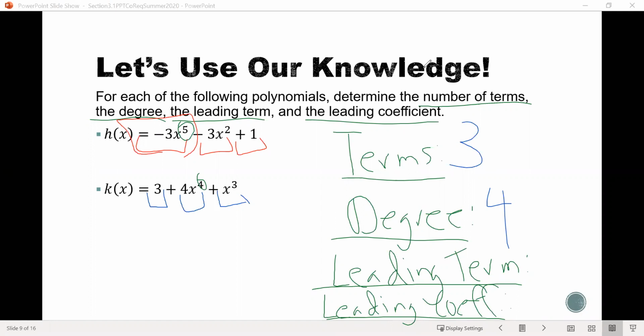I want to be careful here. Sometimes folks think that the leading term is the first one. That is not true. The leading term is the one that contains the highest power, so that would be this term here, 4x to the 4th. And the leading coefficient would be the coefficient in that term, which here is just the 4. That would be our number of terms, degree, leading term, and leading coefficient of that second polynomial.